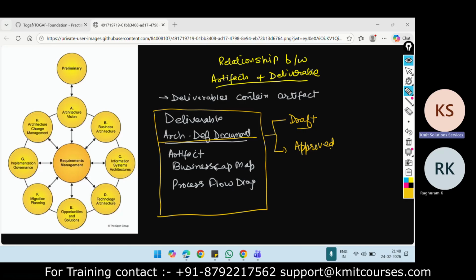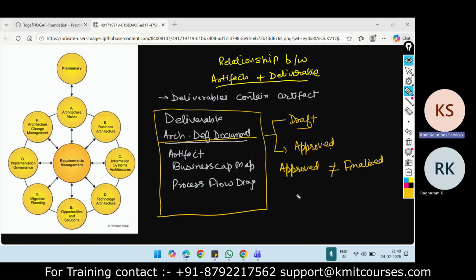Now there is a very commonly asked question: is approved equal to finalized? Not necessarily. We don't say that approved equals finalized.